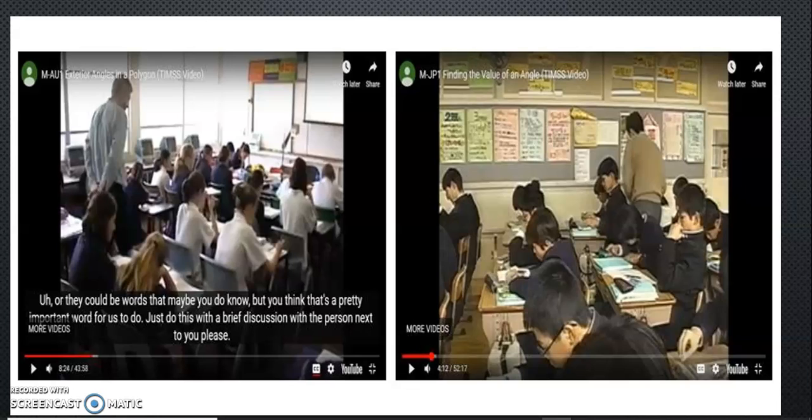The Australian teacher might have planned for group discussion during lesson planning, but the Japanese teacher started group work when he realized that the level of understanding between the students was different. I like this style of dividing students into different groups and asking fellow students to explain or teach other students who have difficulties in understanding and solving the problems.